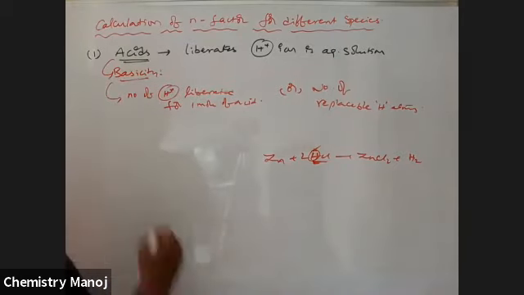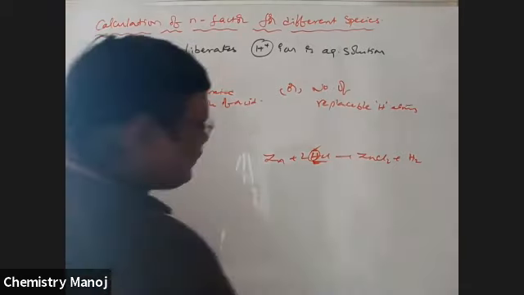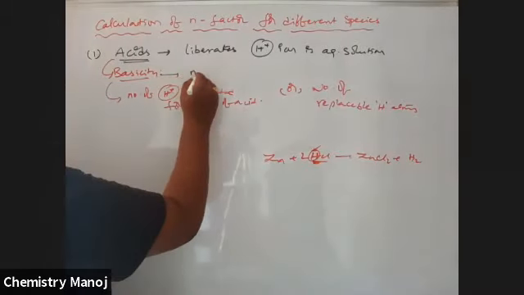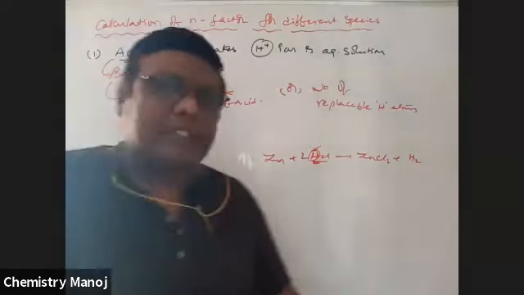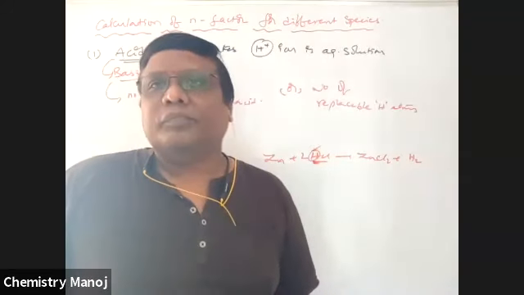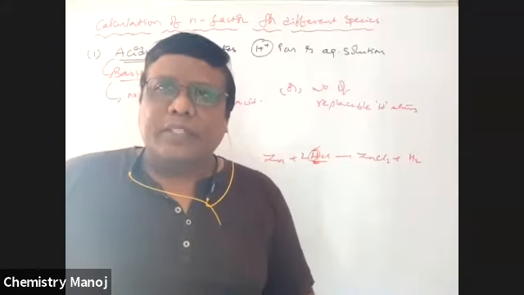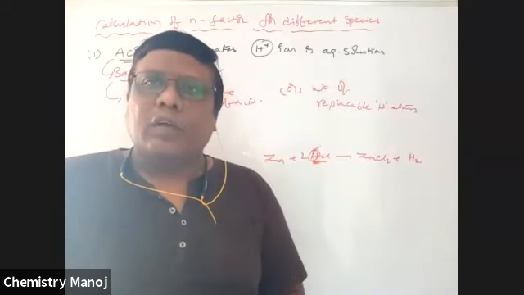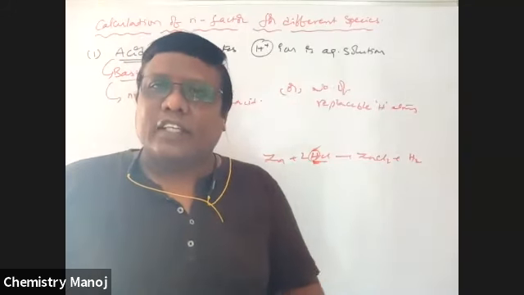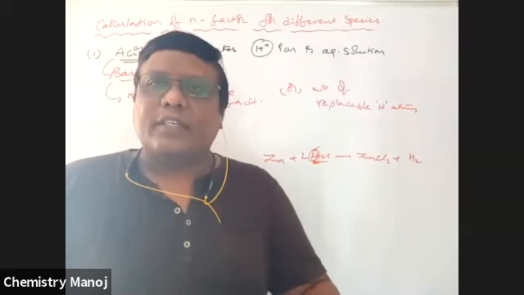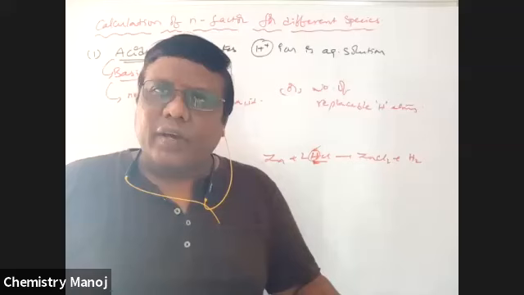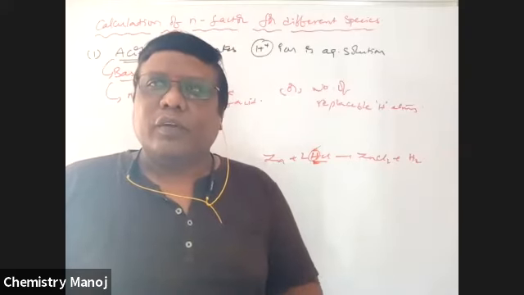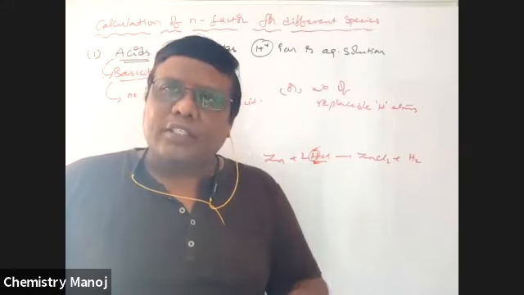This basicity is nothing but the N factor. For acids, basicity is the N factor. How much is the basicity? Basicity is the number of H+ ions released from 1 mole of the substance when it is dissolved in water.